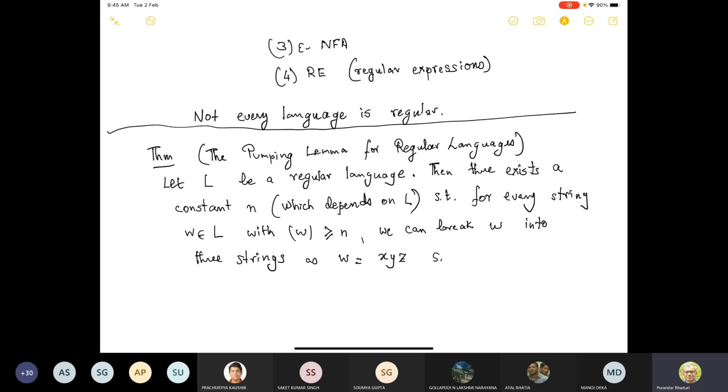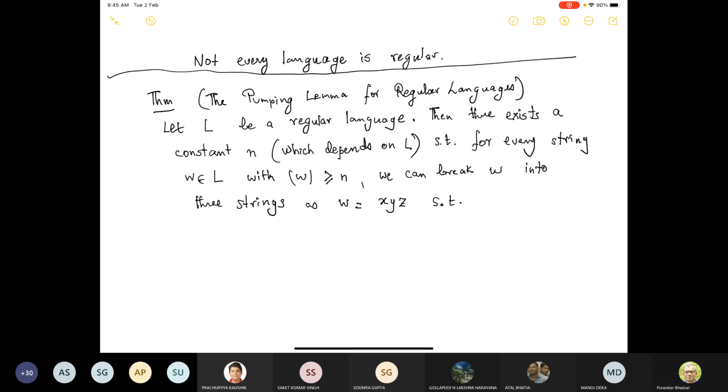such that there are 3 constraints. Number 1, Y is not empty. Number 2, the length of XY is less than or equal to n.